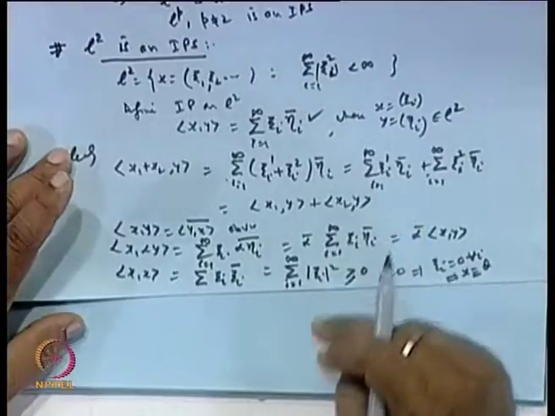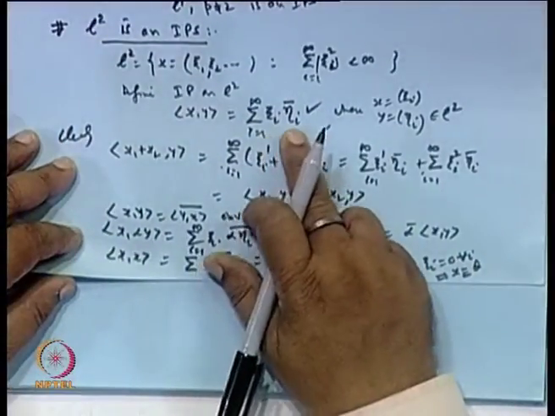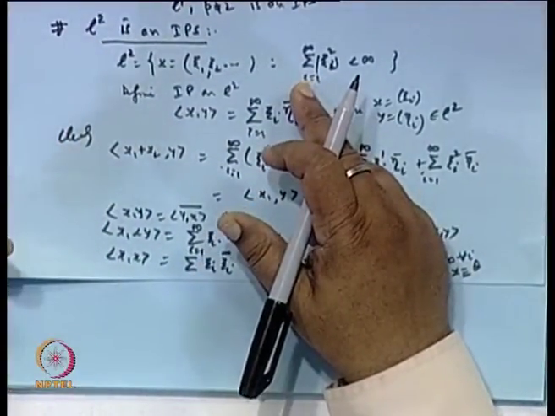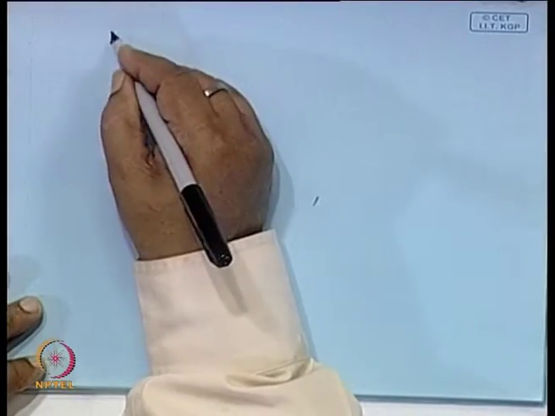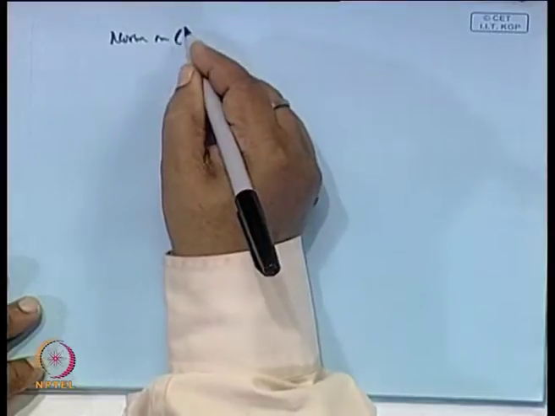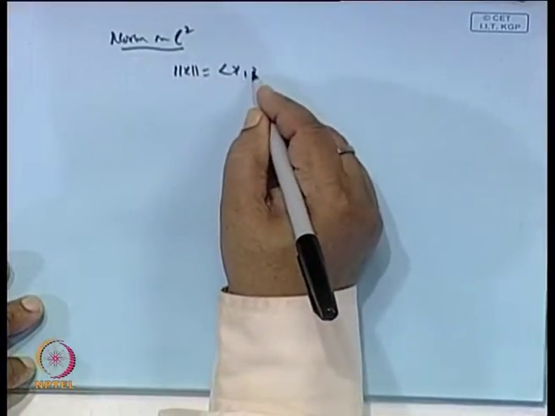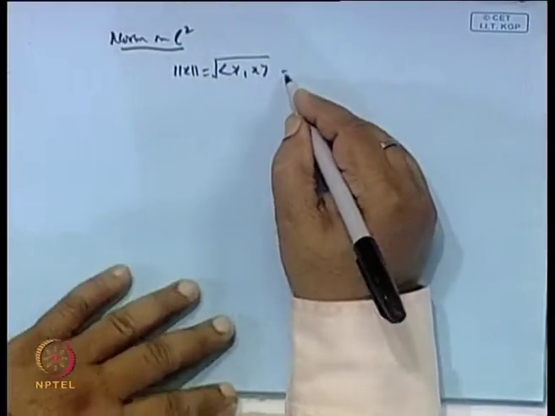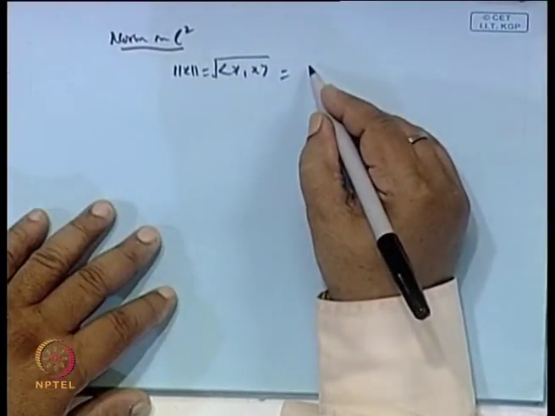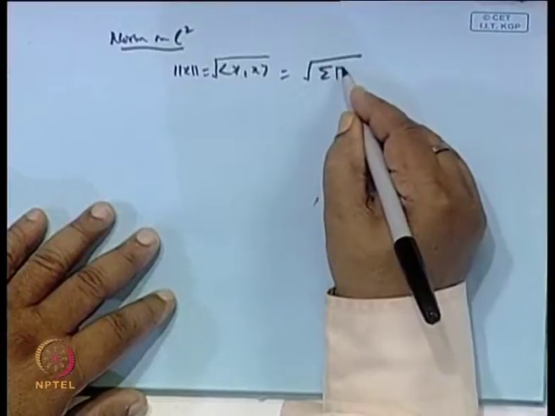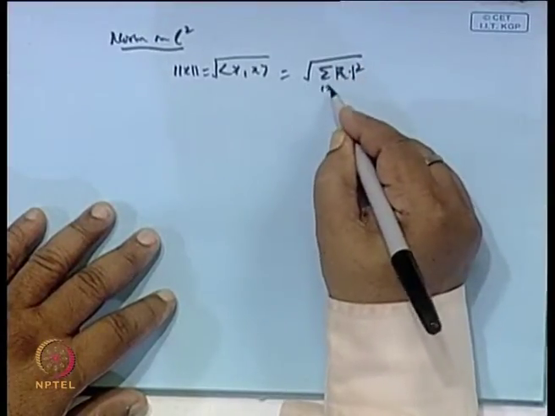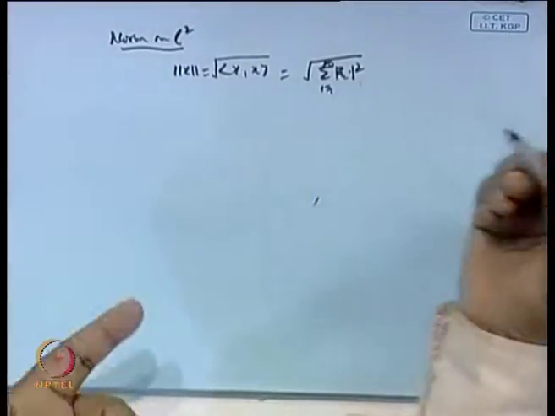Okay. And the corresponding norm will be sigma mod xi i square to the power half, that is from the inner product. So, the norm on L2, norm of x, is the square root of the inner product of x with x. So, this is equal to what? Under root sigma mod xi i square, i is 1 to infinity, and that is what we know.